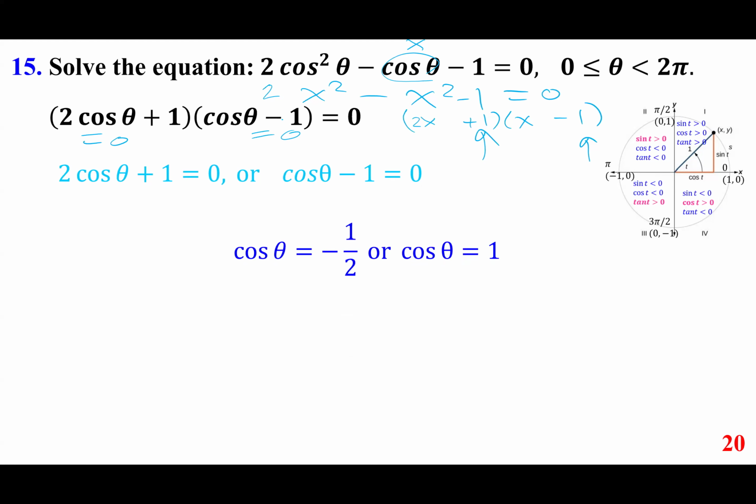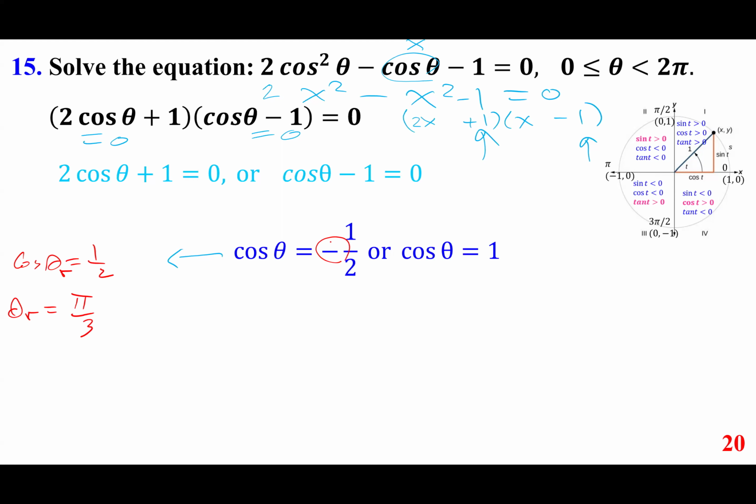Now, for −1/2, I want to make sure you understand how you can come up with the answer fast. First, look at the concept of a reference arc. If you look at cosθ = positive 1/2, this is your reference arc, which is π/3. But because it's negative, where does negative take place in the case of a cosine?